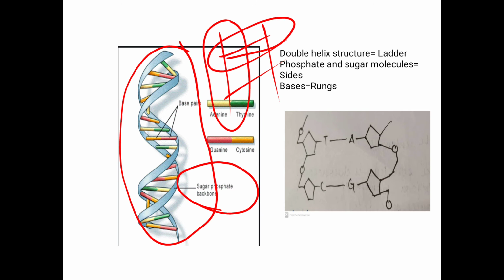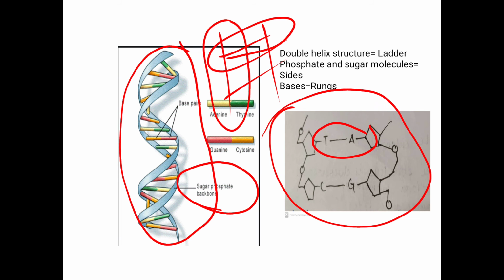The rungs of this ladder are comprised of nitrogenous bases held together by hydrogen bonds. This is a double helical structure, and this is how it looks in a straightened fashion.